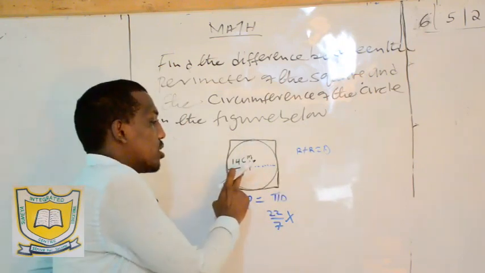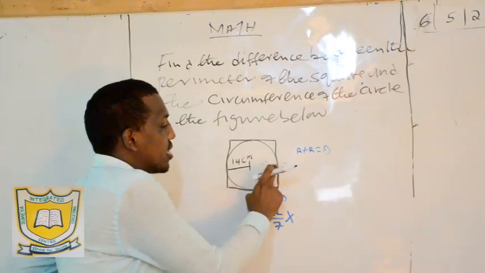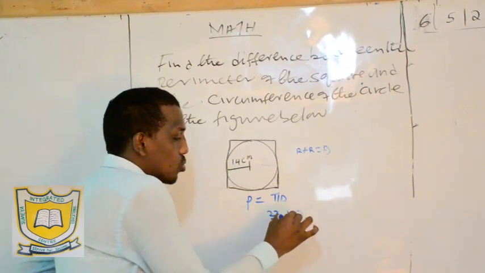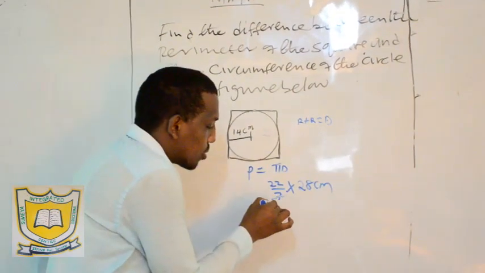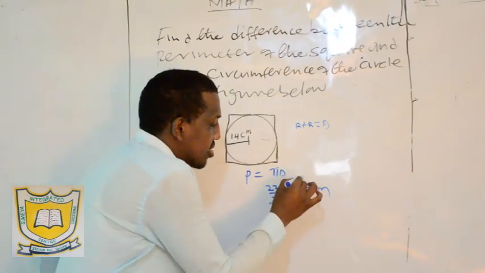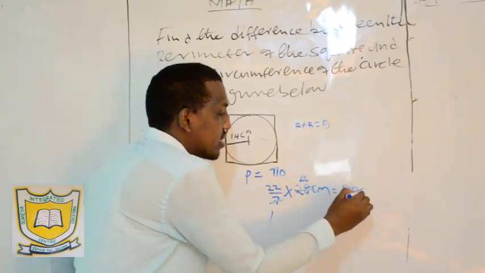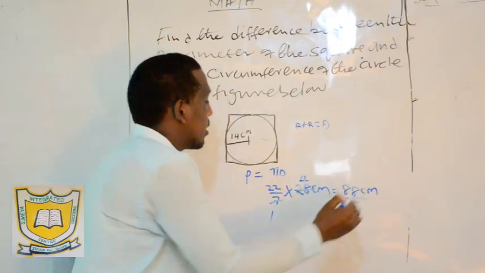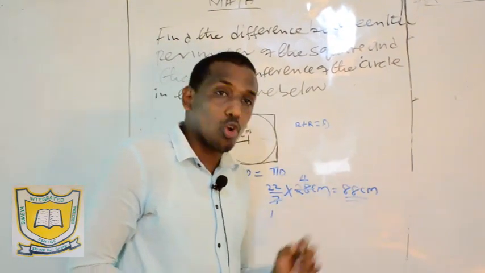So if here is 14, here automatically will be 14. So the diameter will be 28. So you say times 28 centimeter. By 7, 1. By 7, 4. 22 times 4, you get 88 centimeter. That is the perimeter of the circle.